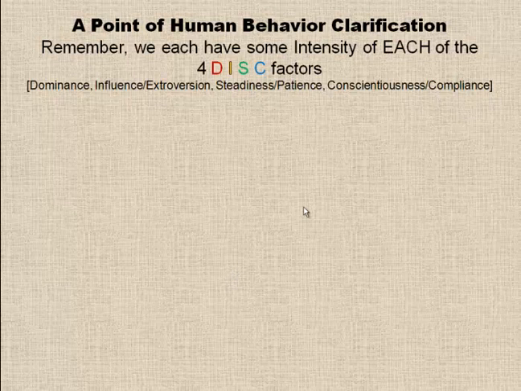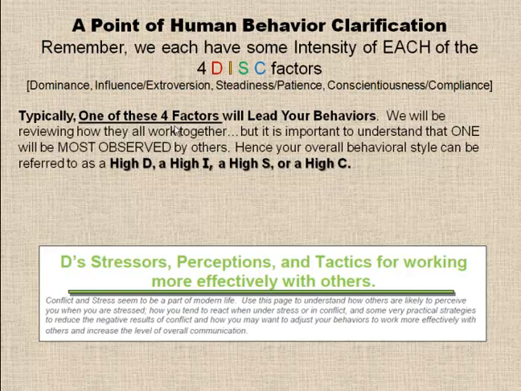Now here's a point of important human behavioral understanding and clarification. The 4 DISC factors, the D, the I, the S, and the C, each of us have some degree of each of these factors. That is, we all have some degree of dominance, some degree of extroversion, some degree of patience, and some degree of conscientiousness. Typically, one of these 4 factors will lead your behaviors.